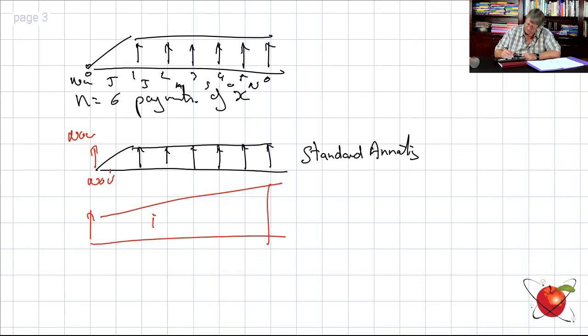This is going to have an interest rate the same, right? So the standard annuity is going to give me a future value, right?